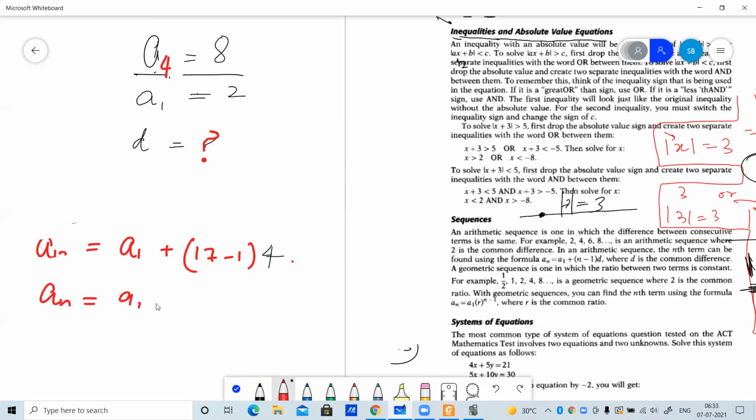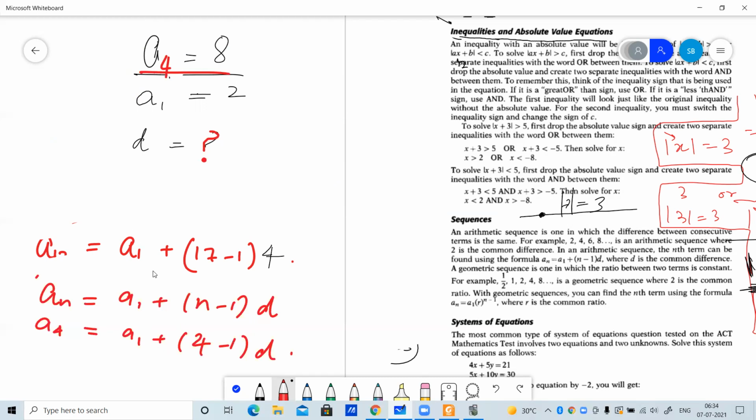An is equal to A1 plus n minus 1 times D. And we are given A4, so I'll write A4 is equal to A1 plus 4 minus 1 times D. The difference is 2, it increases by 2 each time. Correct. If you're able to get that in your head, then you don't need the formula.